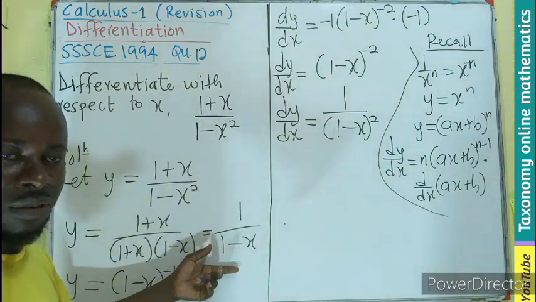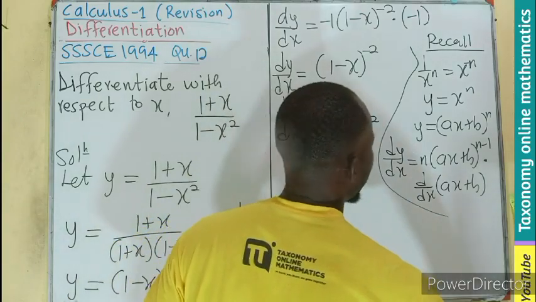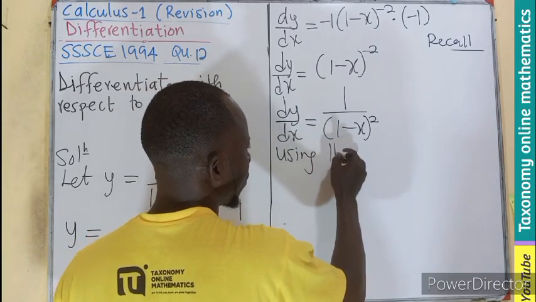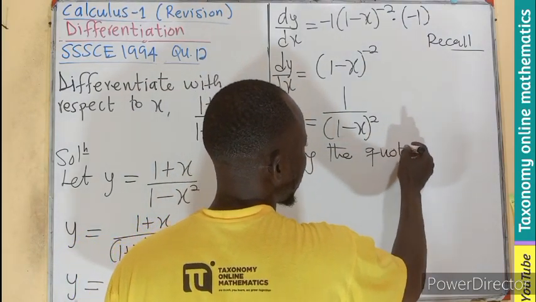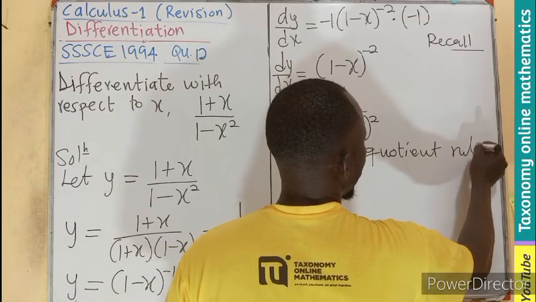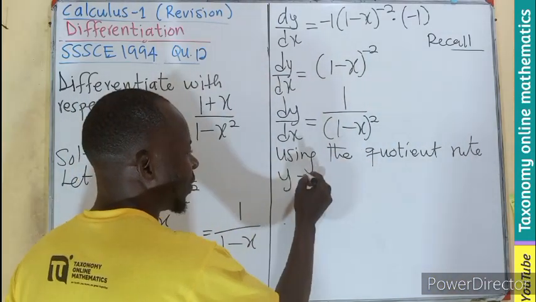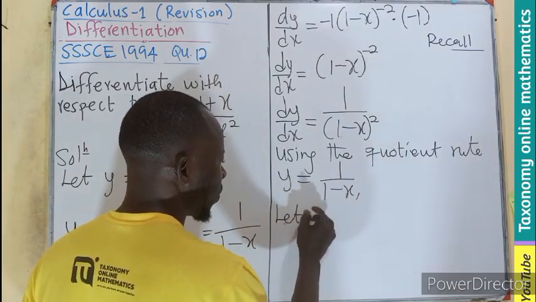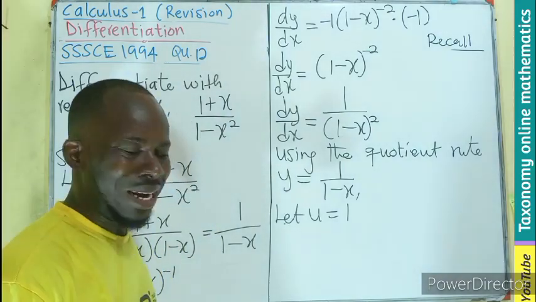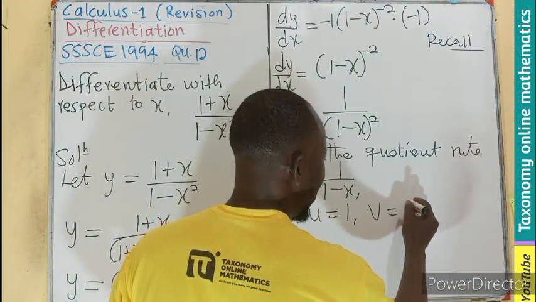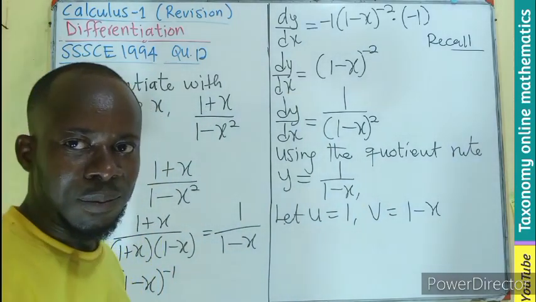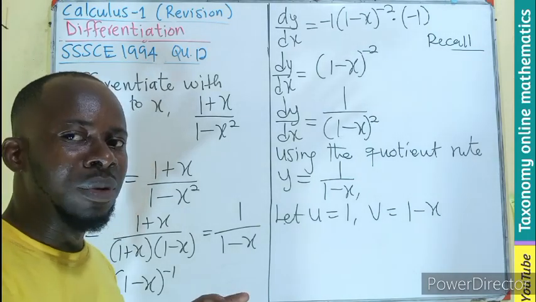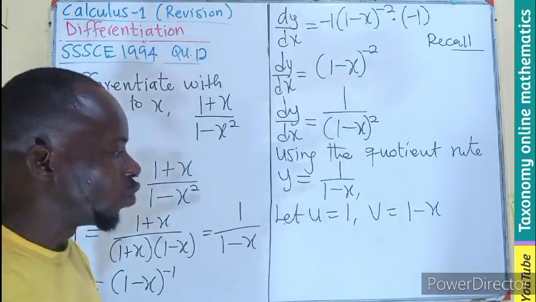Using the quotient rule, if y equals 1 over 1 minus x, we let u be the numerator, which is 1, and v be the denominator, which is 1 minus x. Then we perform differentiation of both with respect to x.